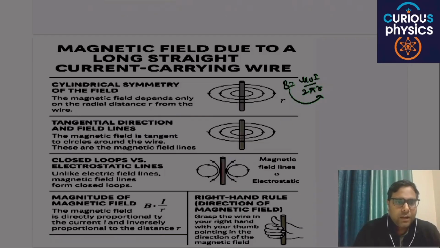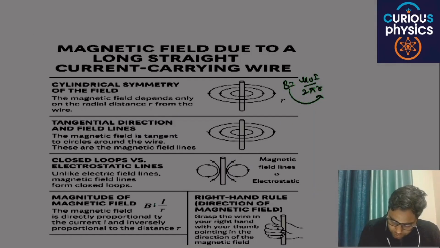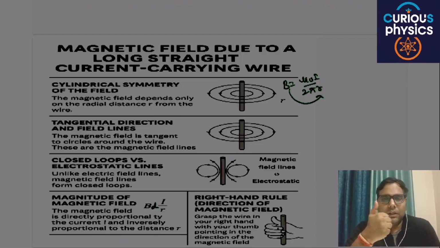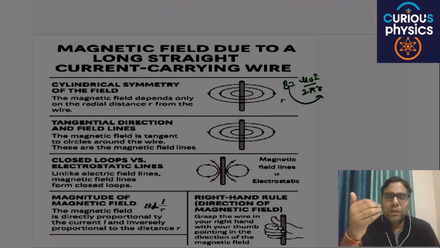The magnitude of magnetic field is directly proportional to 1 by r. And here one more thing, how to find the direction of magnetic field at a particular point. You have to use the right hand thumb rule: put the thumb in the direction of current, and the curl of the fingers will give the direction of magnetic field.